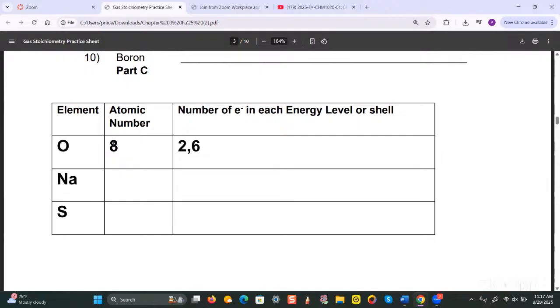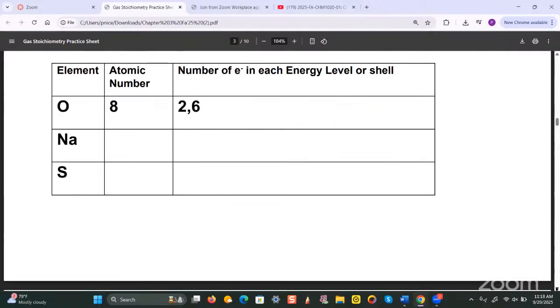You have to consult the periodic table to find out the atomic number, and then you determine how the electrons are distributed among the shells. In this case, the atomic number of oxygen is 8, which means that it has 8 electrons. You start distributing the electrons. The first 2 go in the first shell, and the rest go into the second shell, and that's it, all right?